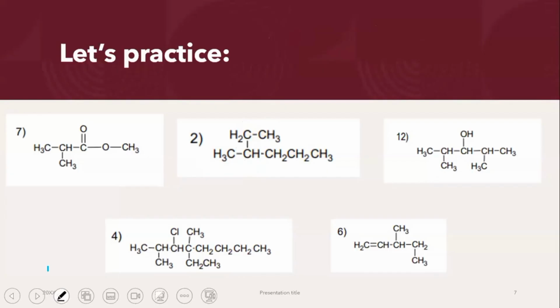Again, what are we going to identify? Step number 1, longest continuous chain. Let's consider all possibilities, every single possibility, and see what is the longest chain you guys can make. I can make a chain like this, which would be 1, 2, 3, 4, 5, right? I could also make a chain like this. I get 1, 2, 3, 4, 5.